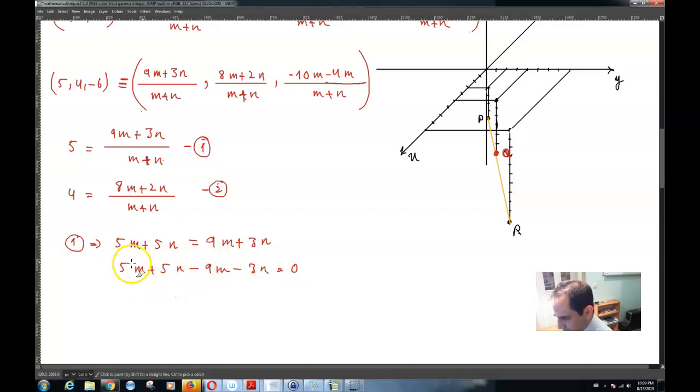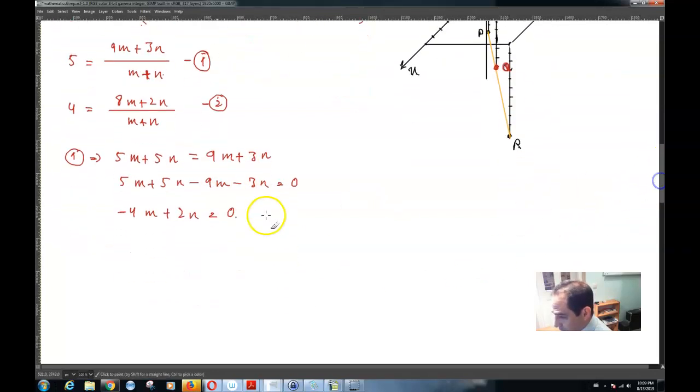Now 5M minus 9M is equal to negative 4M, and 5N minus 3N is equal to plus 2N, which is equal to 0. And then if I divide by 2N, I'll get negative 4M by 2N plus 1 is equal to 0.